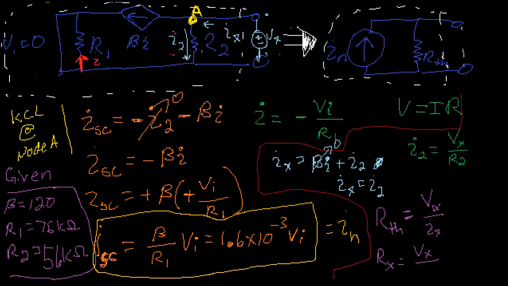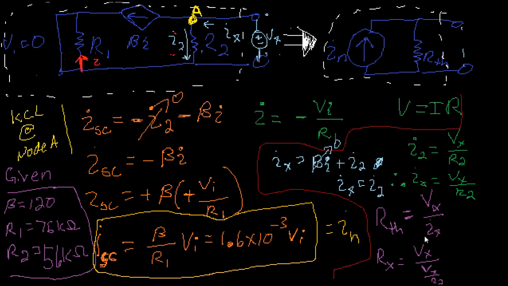So let's just note that real quick. Therefore, Ix is Vx by R2. So RTH is Vx over Ix, which is Vx over Vx by R2.